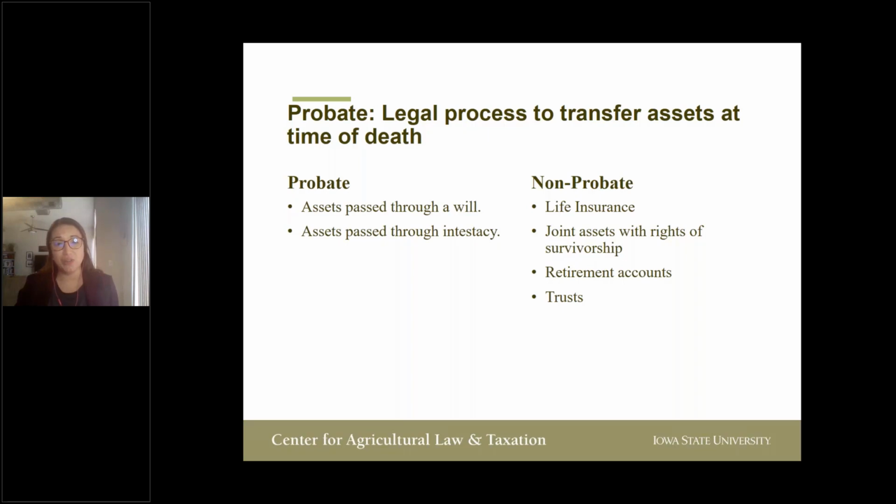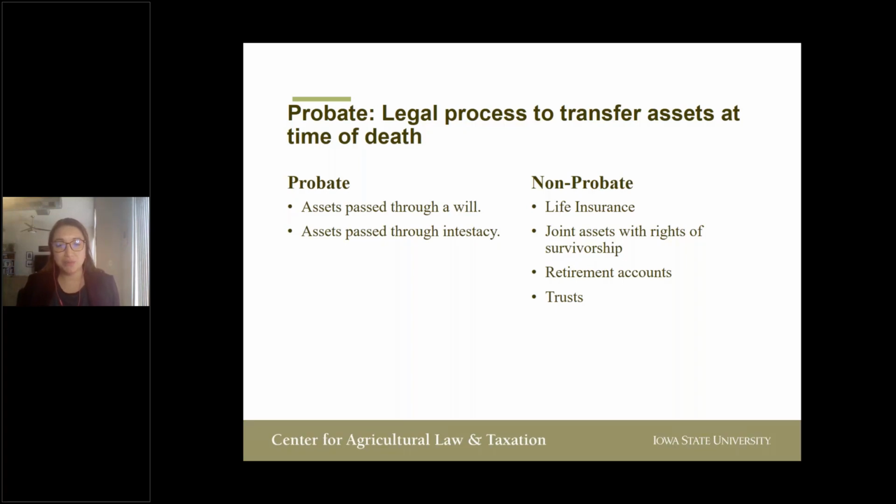If someone dies without a will, without any type of succession plan, they will die what's called intestate, and that also goes through the court system to distribute the property to the proper beneficiaries. There are some exceptions for smaller estates, but that's not as common with farming operations.